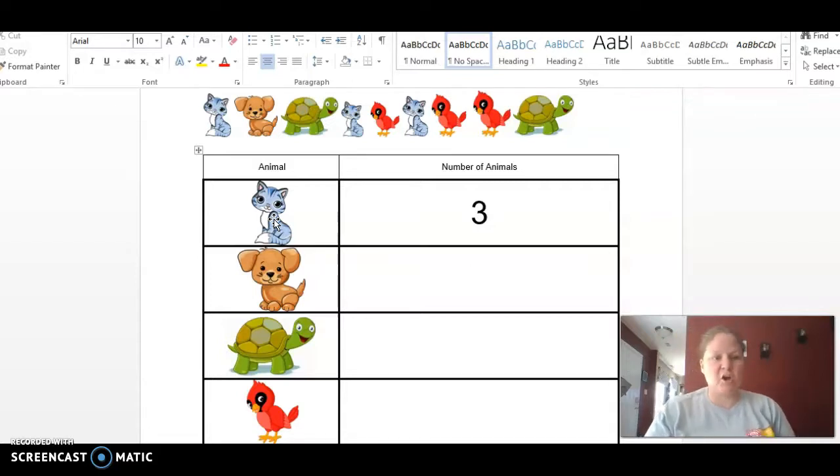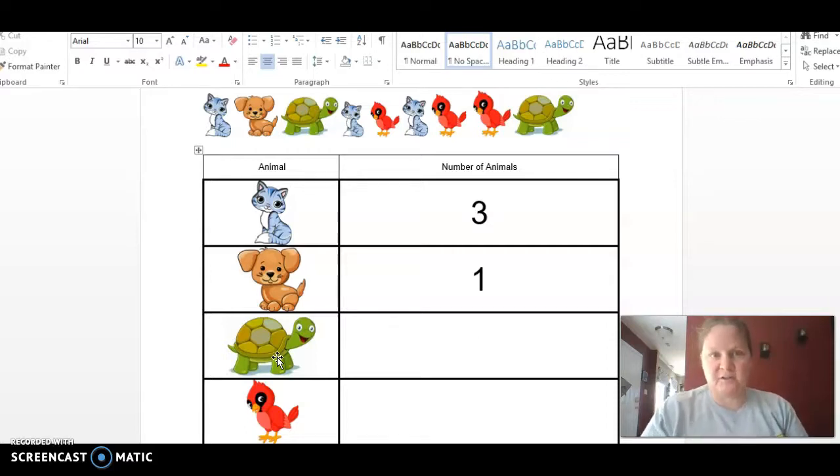All right, dogs. How many dogs do you see? Yeah, just this one, right? So just one. So what number am I going to put here next to my dog in my table? Yeah, I'm going to write a number one. Good job. So then I'm going to go down here. What animal do we see next? A turtle. Awesome.